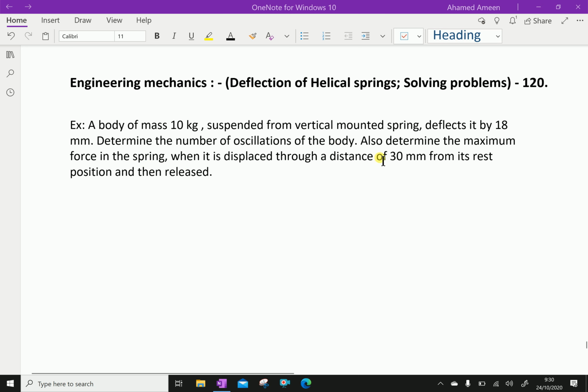Now angular velocity omega. Angular velocity we'll write first.